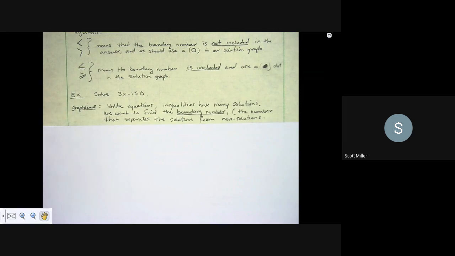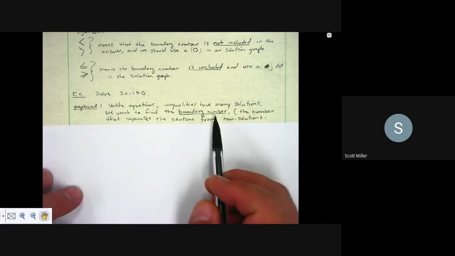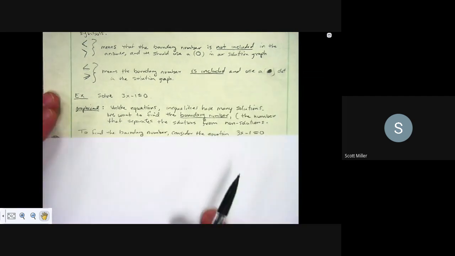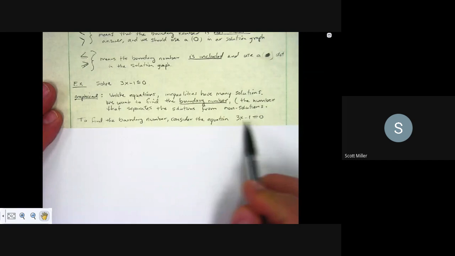So what we want to do is find the boundary number, which is the number that separates the solutions from the non-solutions. To find the boundary number, we're actually going to solve the equation, because the solution to the equation will produce the boundary number.